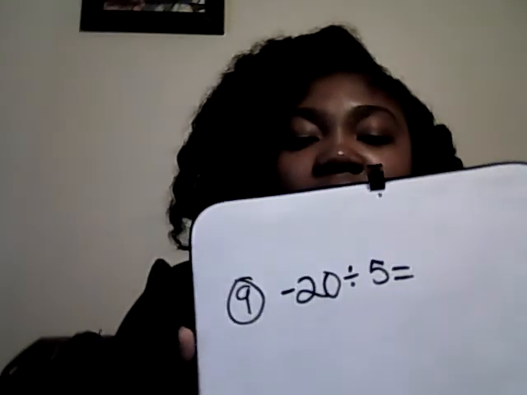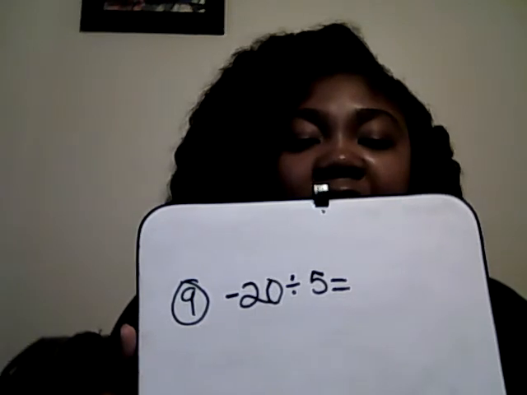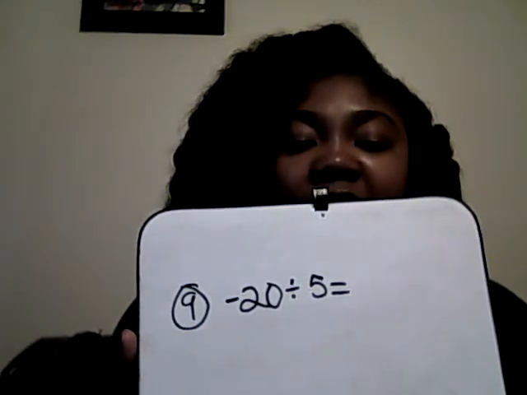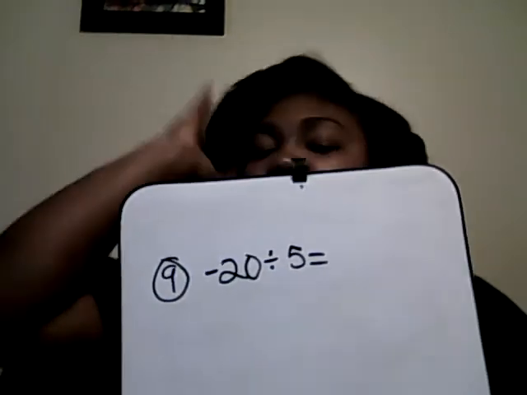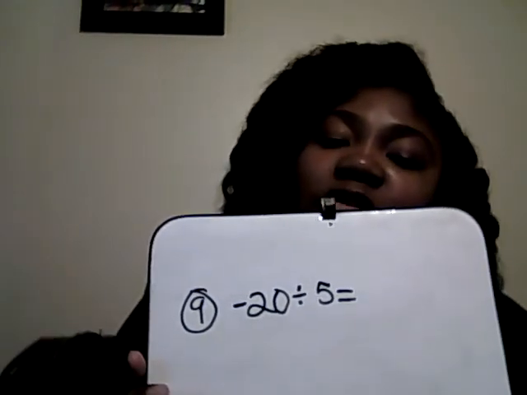Number 9. One more problem. Negative 20. Tell me what you guys think. Negative 20 divided by 5. So we have a negative number divided by a positive number.